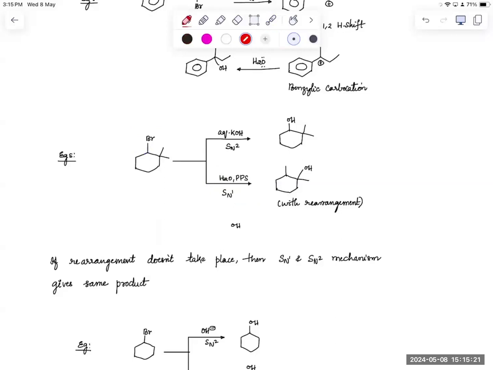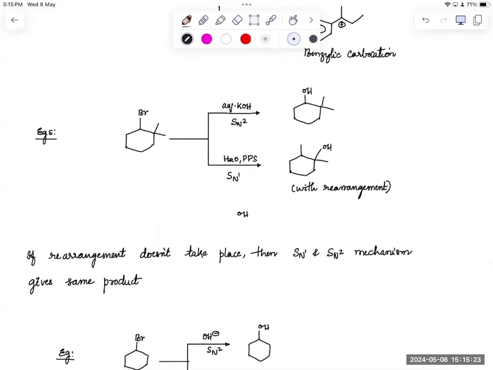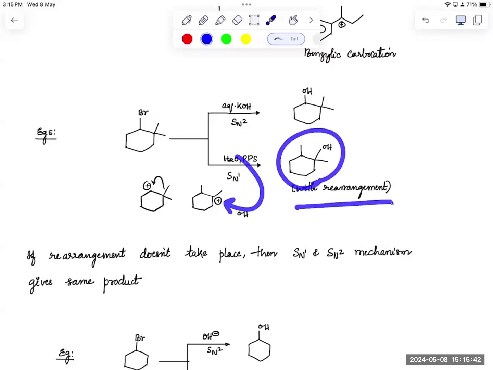That positive charge will cause a methyl shift. Plus charge is here, this methyl will shift. And when the methyl shift happens, the carbocation will be like this, with a positive charge here. Once you get that positive charge, water will attack on it. So you will get this as a product with rearrangement.